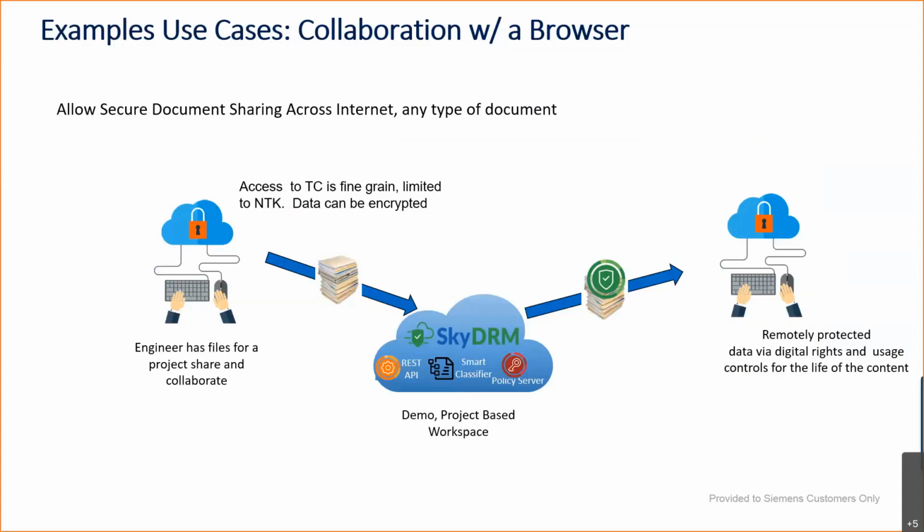Here we have an engineer with a file who needs to protect it and collaborate. This is back to the policy, where we do fine-grained policy authorization and limit access on a need-to-know basis, and the data is encrypted. So when the user accesses it, they are either denied or allowed, and possibly allowed with restrictions.